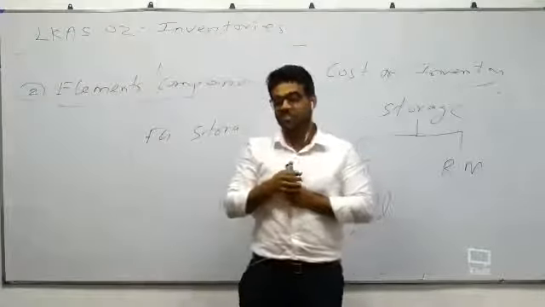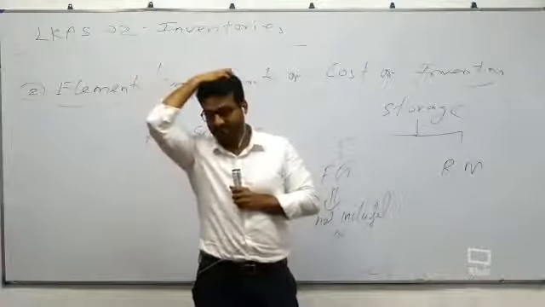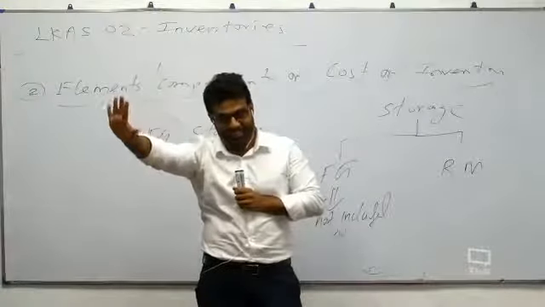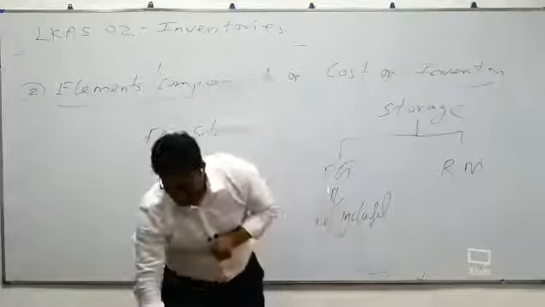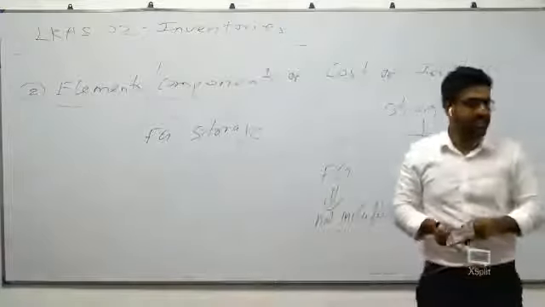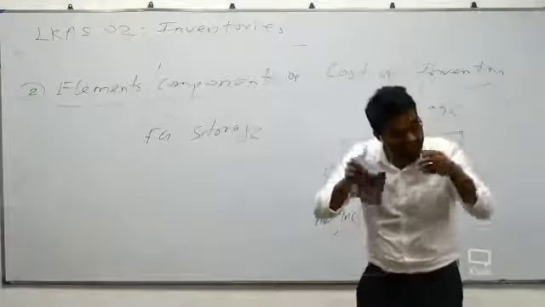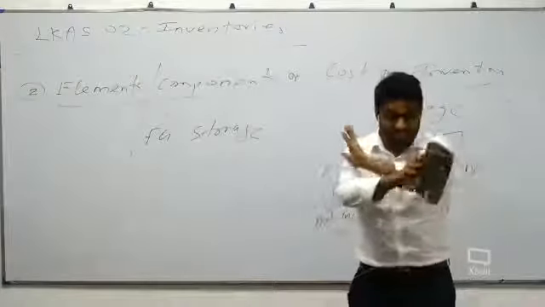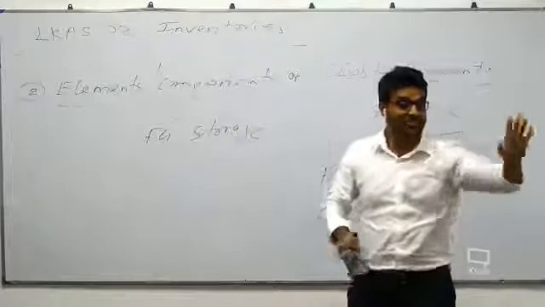What kind of expenses? Connected to factory, but not recorded in the manufacturing account. Come on, everyone here. Cost connected to factory, but not recorded in the manufacturing account, not recorded as part of inventory cost also.